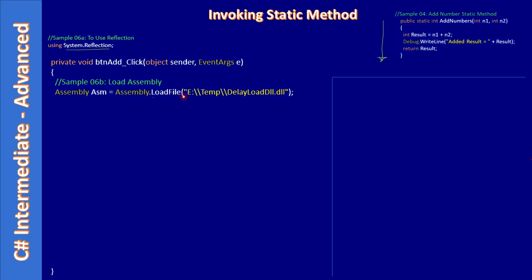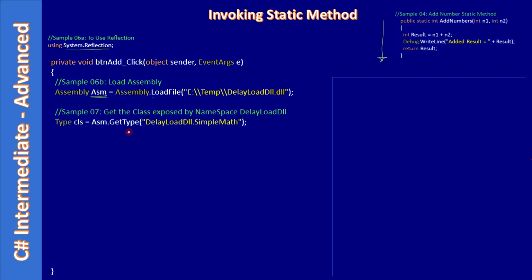So here, using the load file, we are loading the assembly at runtime, and the reference we are storing in asm. So the return type is also assembly. The load file is a static method. That's why we are directly making a call to load file from the assembly. So it returns an assembly instance, and that instance denotes this DLL assembly.